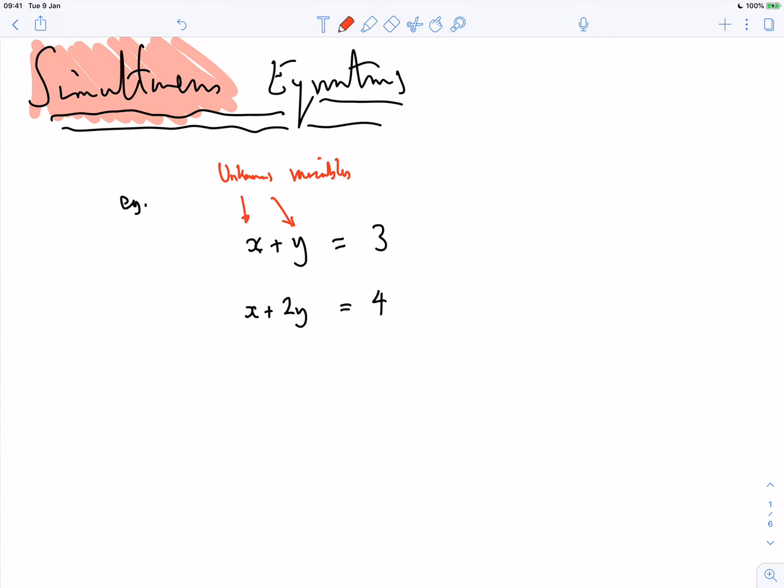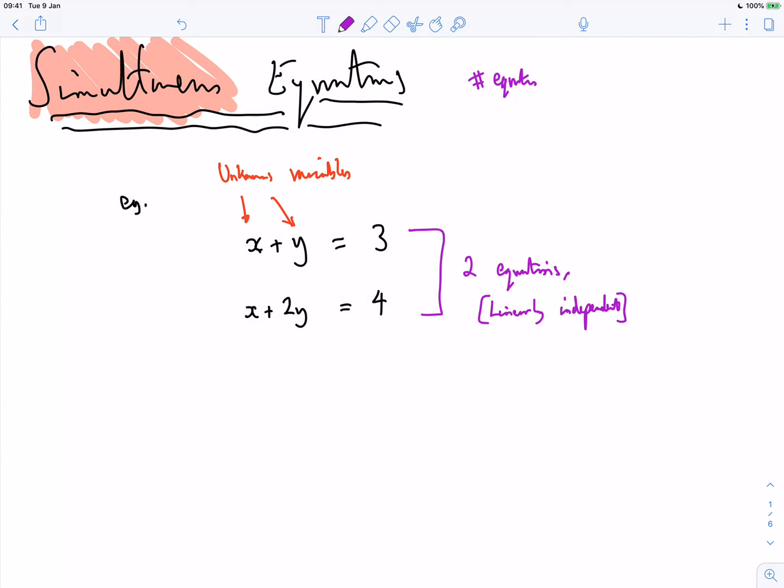The other thing is that we have two equations here, and the important thing to notice is they are called linearly independent.